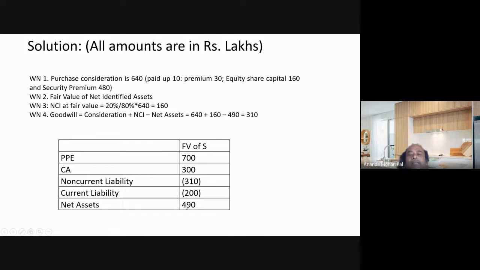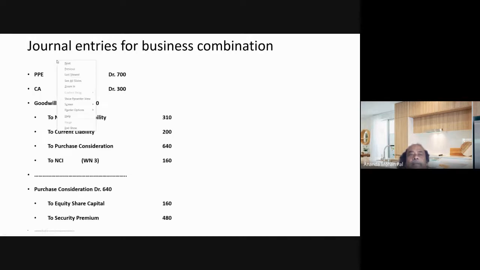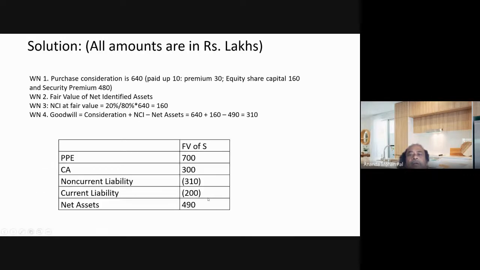In that way, net assets 490. So, fair value of net identifiable assets was 490. Then NCI at fair value, that is non-controlling interest at fair value. Is fair value mentioned in the problem? Let me see.